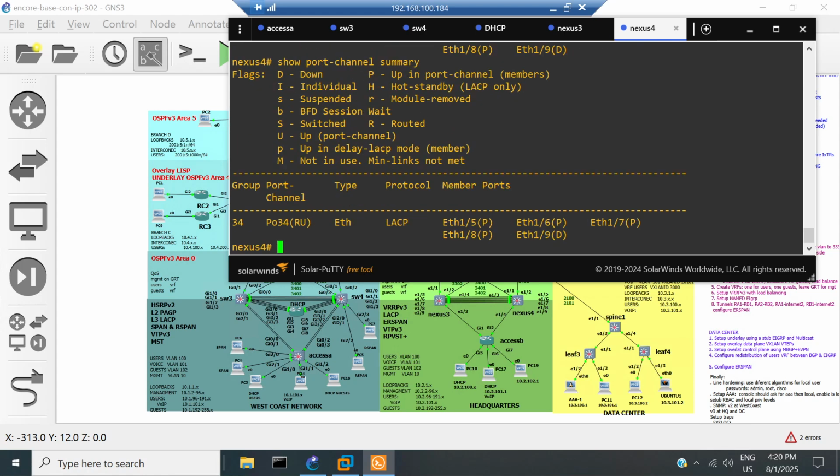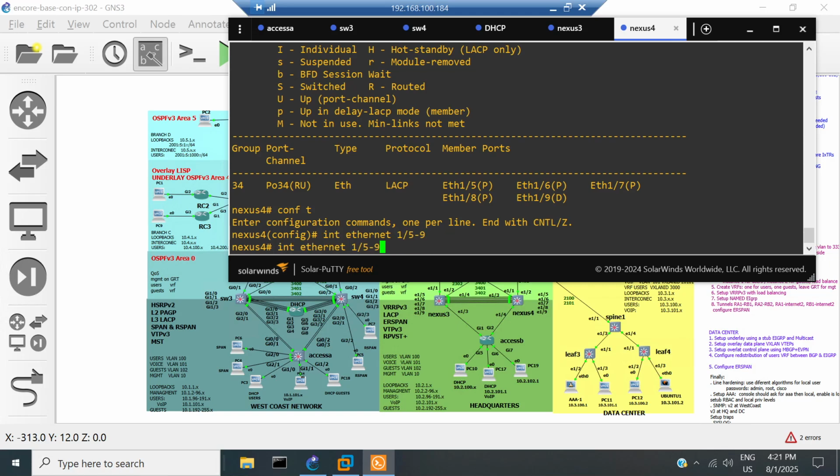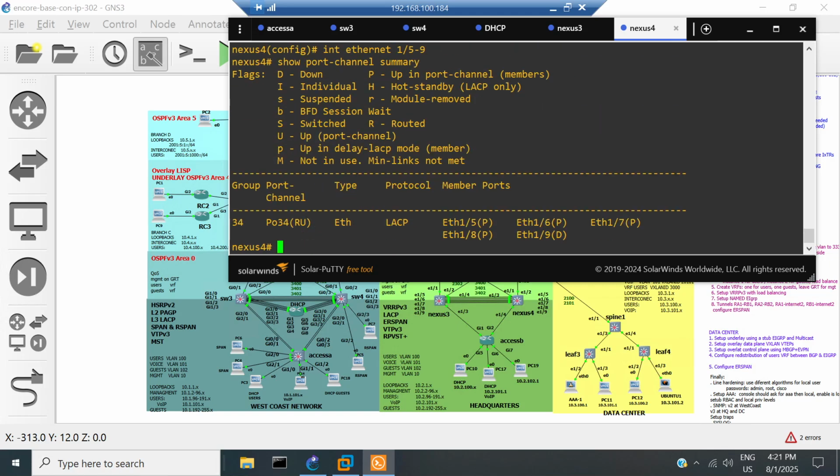Okay, now we have participating interfaces, and one in D mode. I don't know what is in D mode.